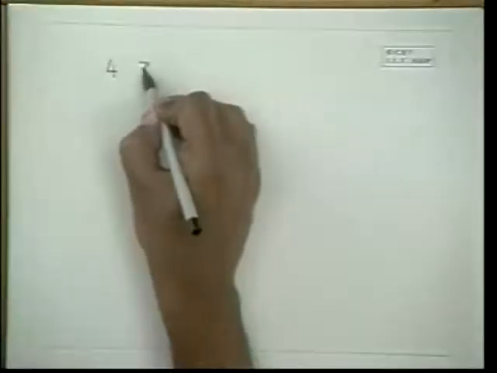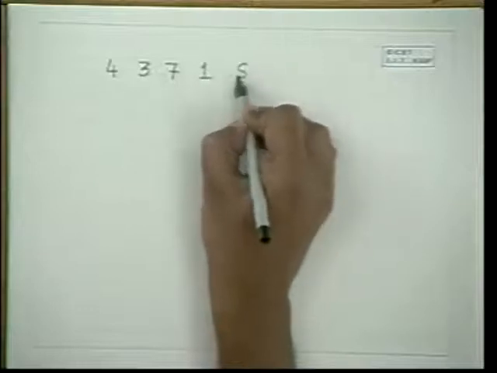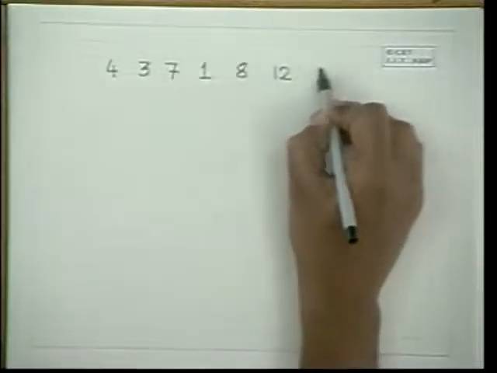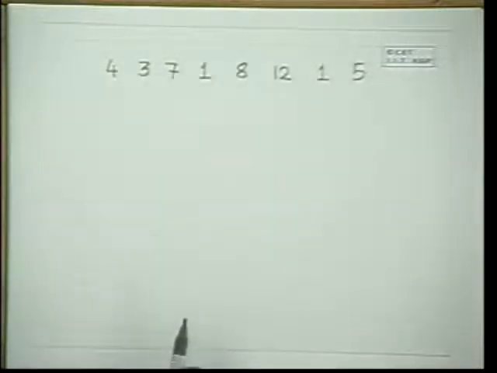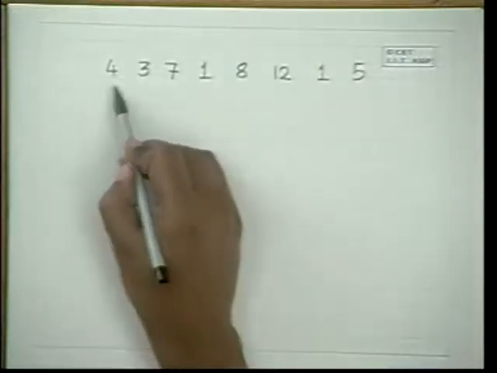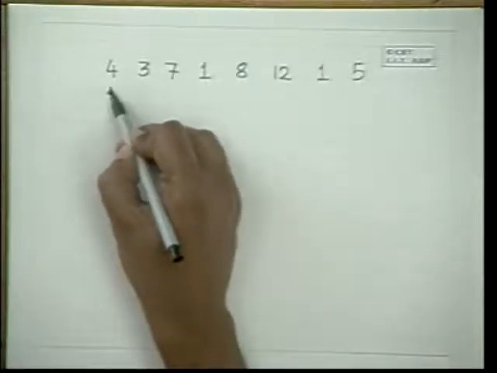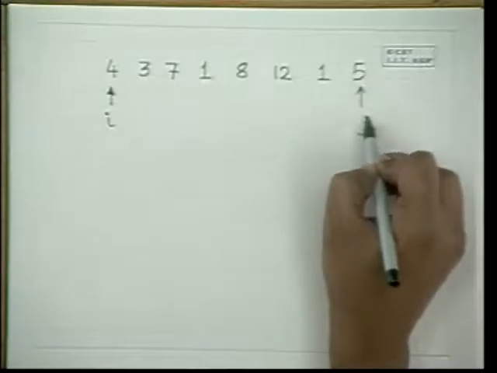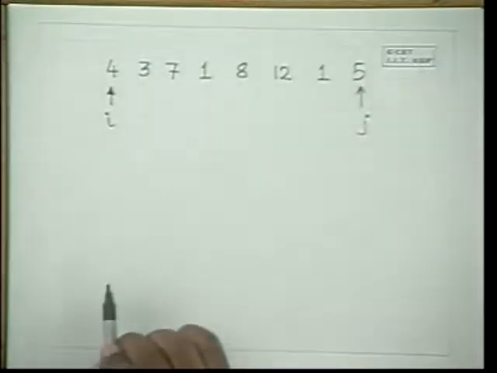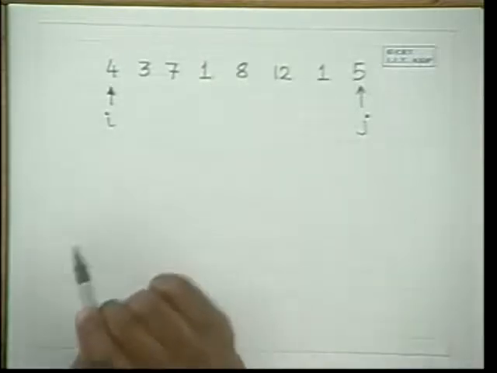Suppose 3, 7, 1, 8, 12, 1, 5. And we are to partition this. This is I, this is J. The first thing that we have to do is select an element on the basis of which partitioning will be done.